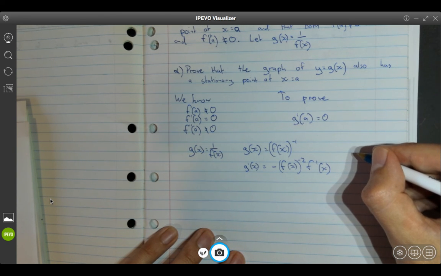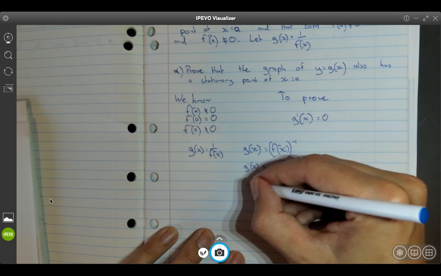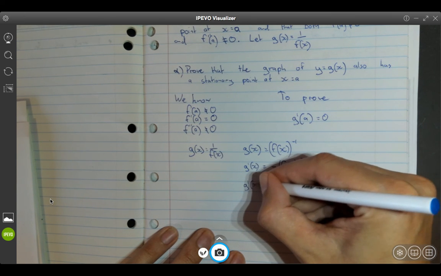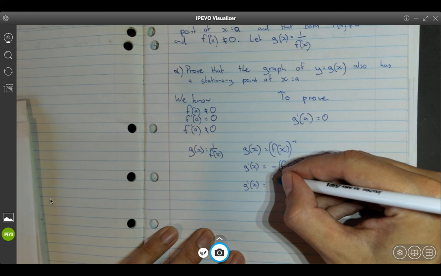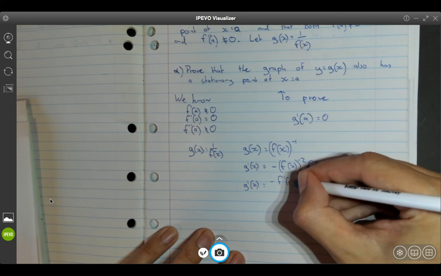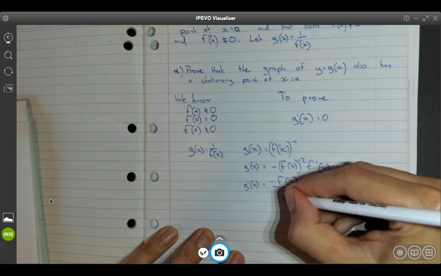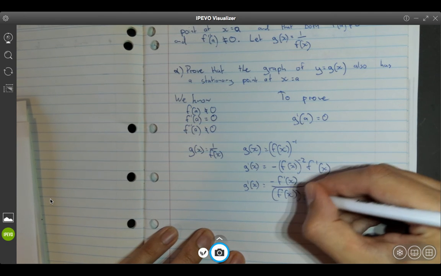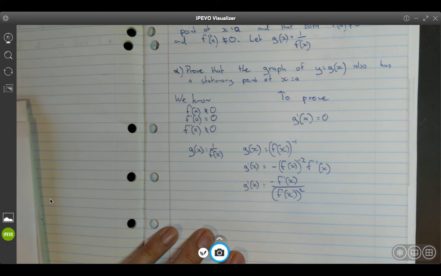Let's put it back into something a little more manageable, which is minus f prime of x all over f of x squared, which looks a little bit like our proof of the quotient rule.